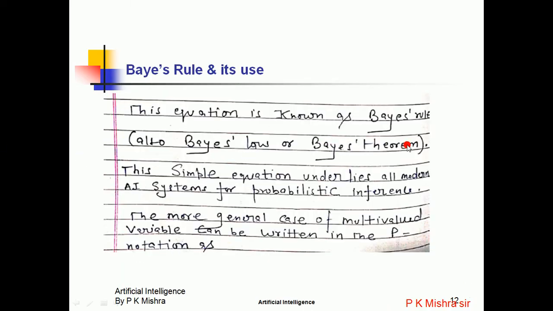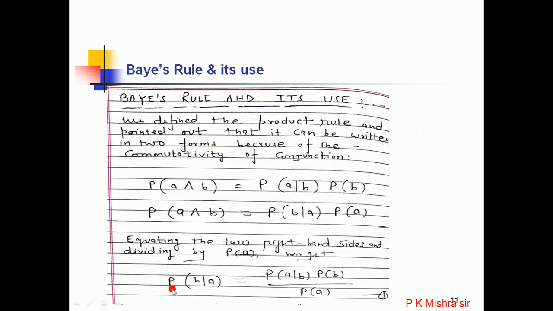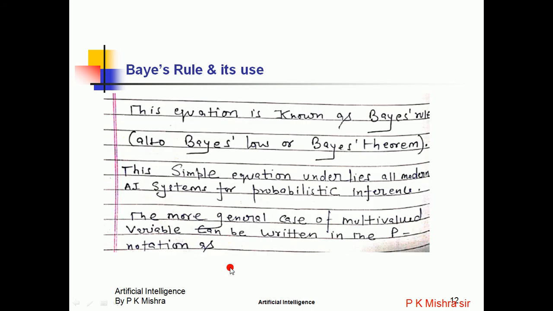This equation is Bayes rule. Which equation? Probability of B given A equals probability of A given B times probability of B upon probability of A. This equation is Bayes rule, also called Bayes rule or Bayesian theorem. This simple equation underlies all modern AI systems for probabilistic inference.